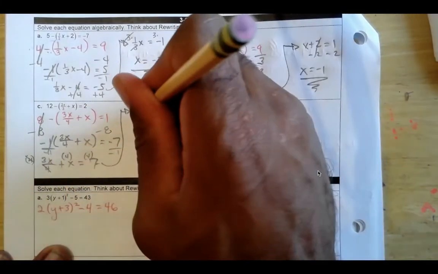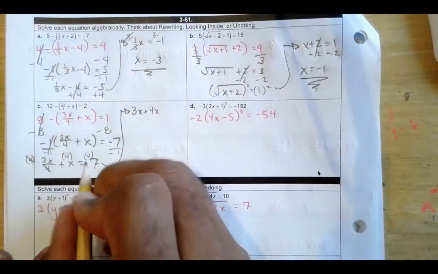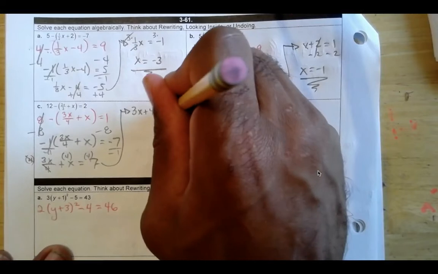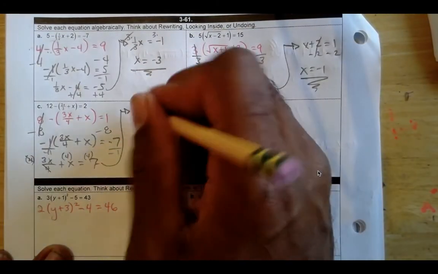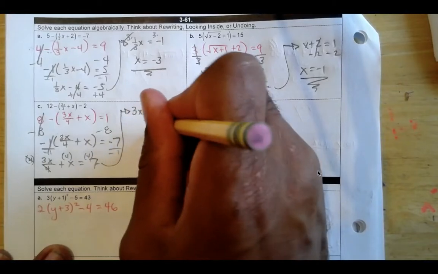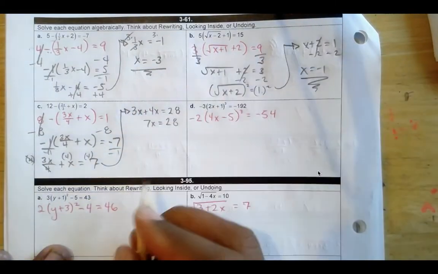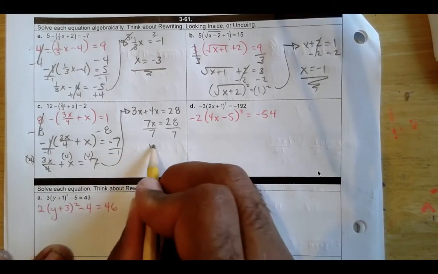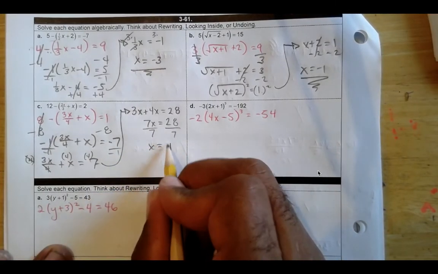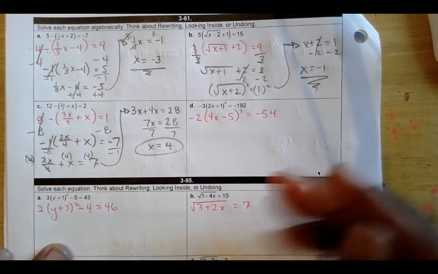And then 4 times x is 4x. And then 4 times 7 is 28. Now notice here that these are both like terms. They both have x, so we're going to add those. So let's get 7x equals 28, and then we just divide by 7. And that equals 4.